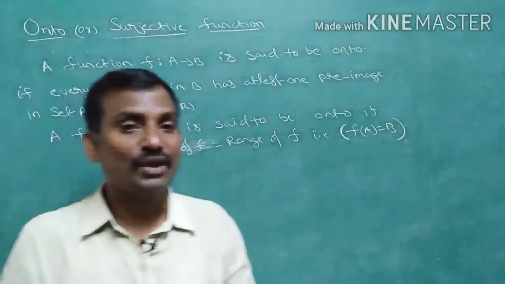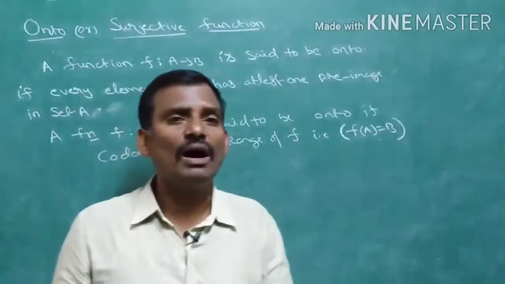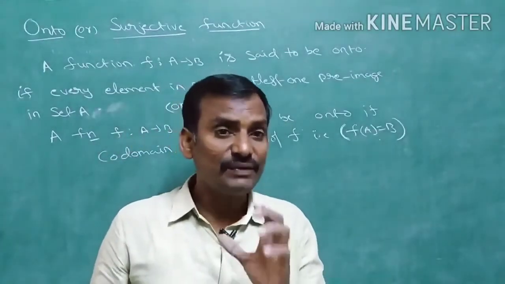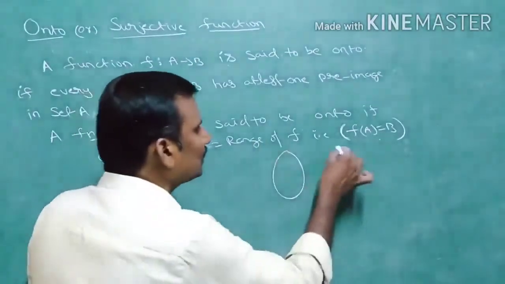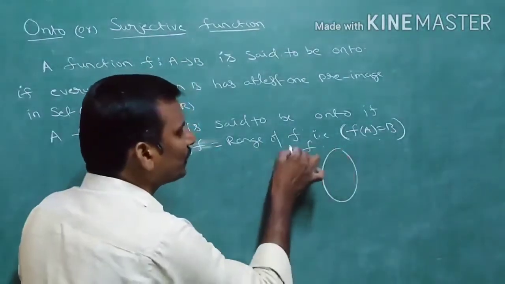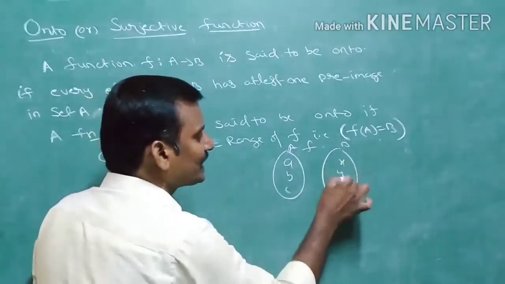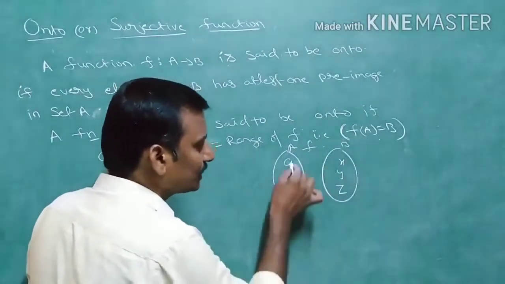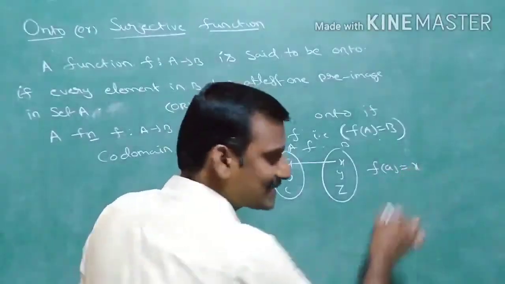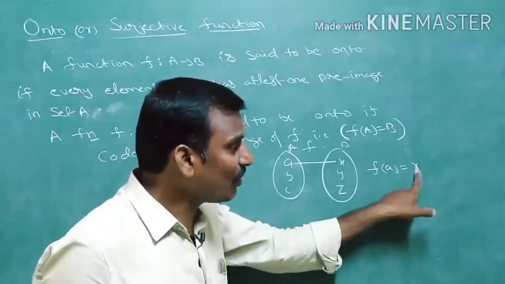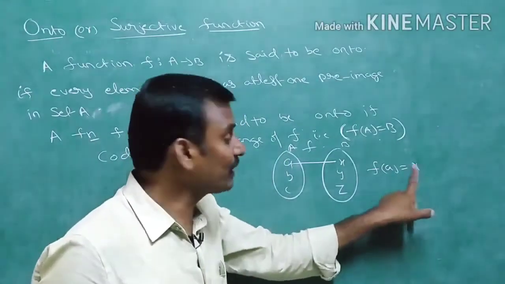Next definition, onto function, or surjective function. The definition of onto function is, first of all, take a function f from A to B, with A = {a, b, c} and B = {x, y, z}. If a is mapped to x, that is f(a) equals x, here x is called the image of a.